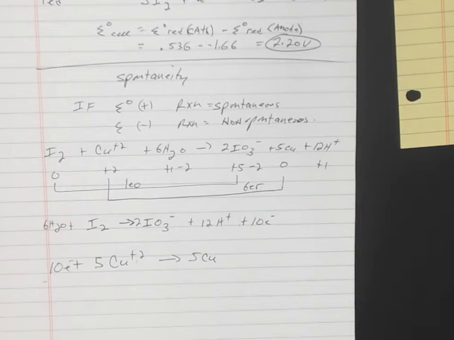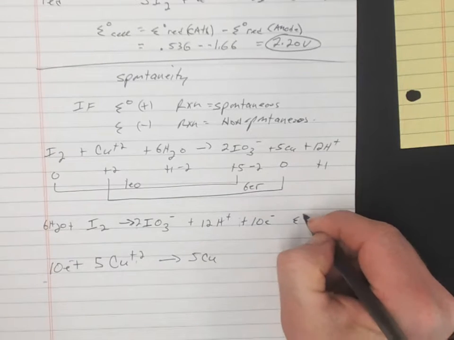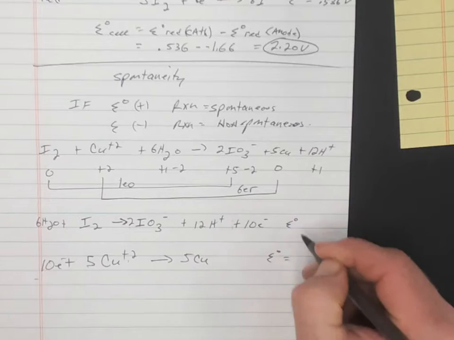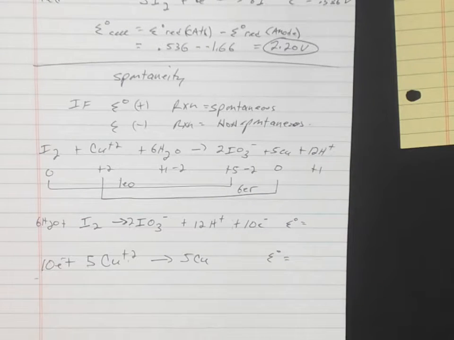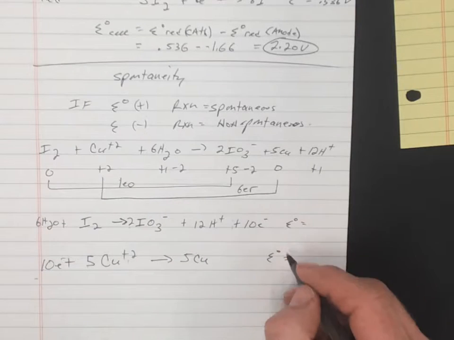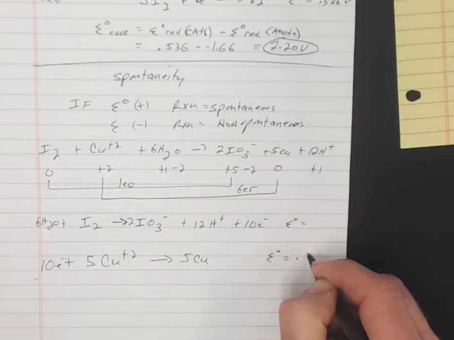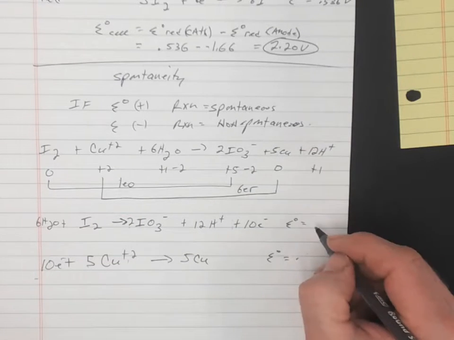Go ahead and let's look up these two values in our table to find our E naught values. What do we got? .85 what for the copper? Okay. I got 1.195 for the iodine.